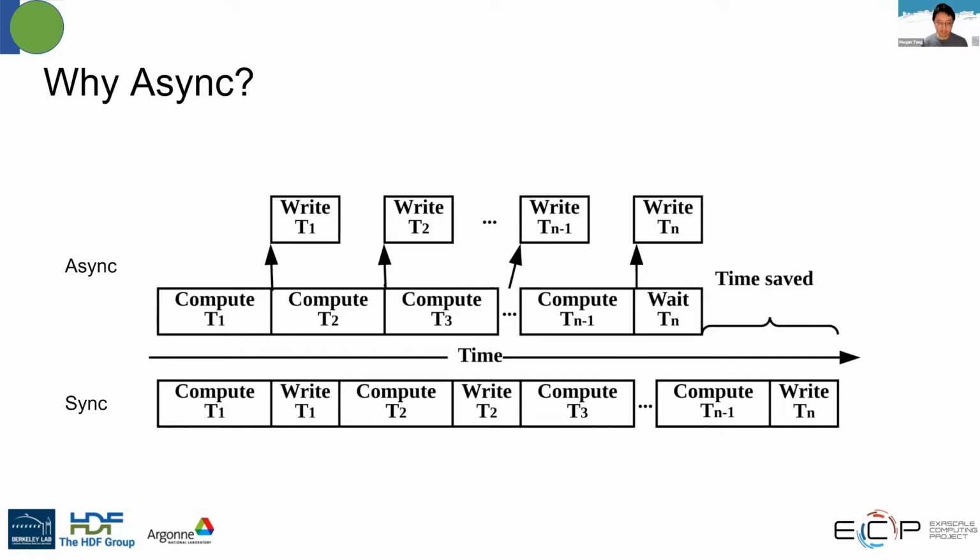Enabling asynchronous I/O for these applications could potentially save a lot of time, as shown in this figure. When the application has a compute phase and an I/O phase, for example writing data periodically, if we can enable asynchronous write and overlap the write with the compute, then the application can save a lot of time.